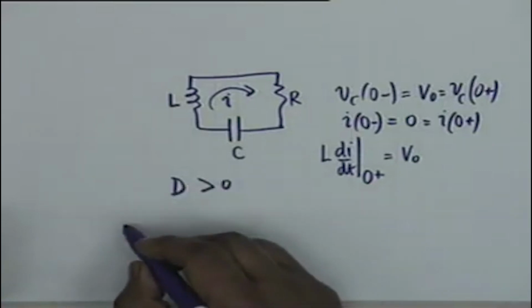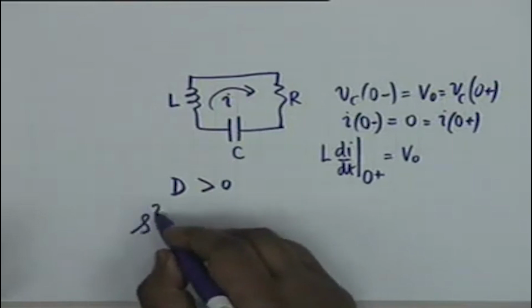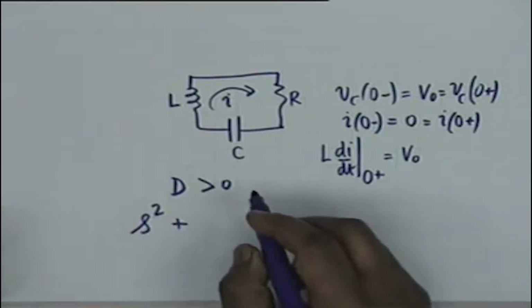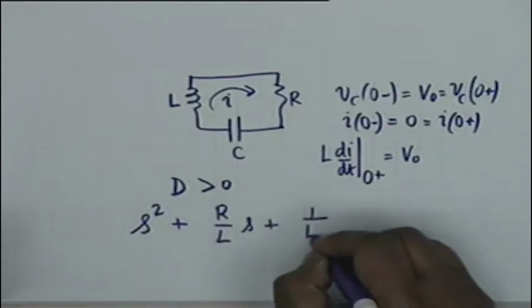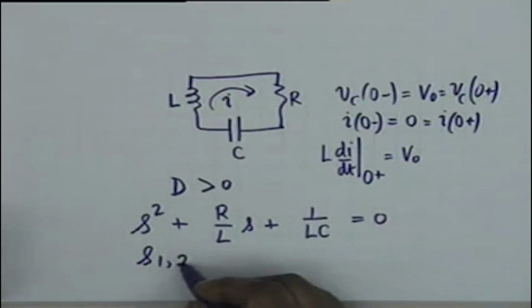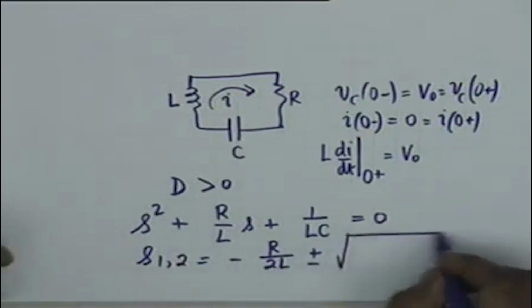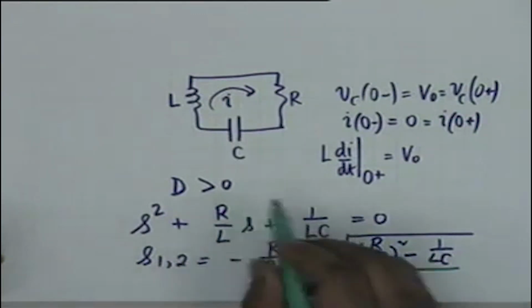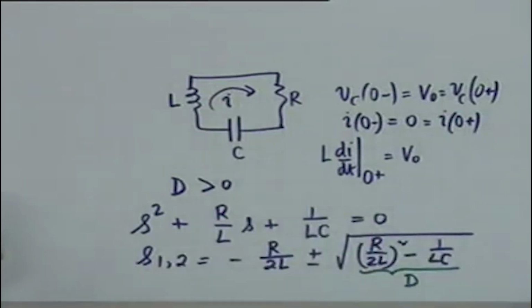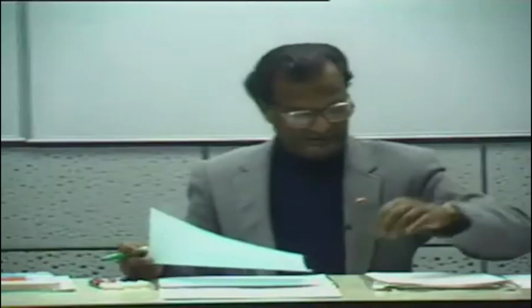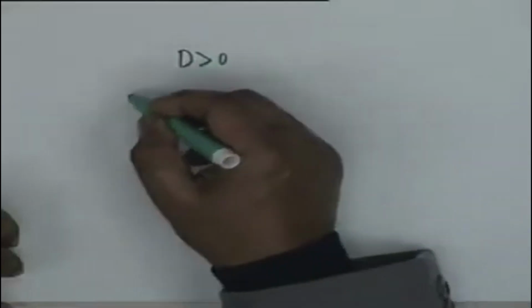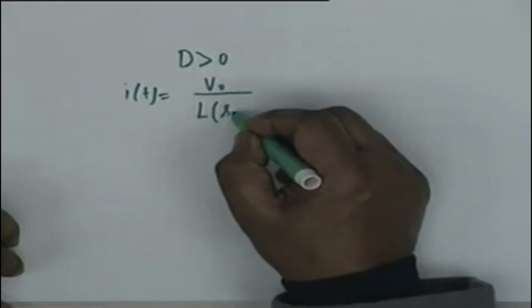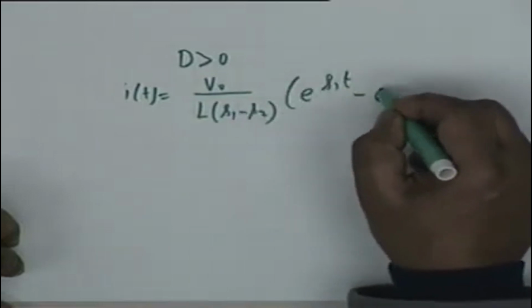If you recall, the characteristic equation of this circuit was s squared plus R by L s plus 1 over LC equal to 0, which has 2 roots, s1,2 equal to minus R by 2L plus minus the square root of R by 2L whole squared minus 1 over LC, and it is this quantity under the square root sign which we have called capital D. For D greater than 0, we saw that the roots are real, distinct and negative, and we saw that the complete solution could be worked out in terms of the initial conditions as, if you recall, the current given by V0 by L times s1 minus s2, times e to the s1 t minus e to the s2 t.